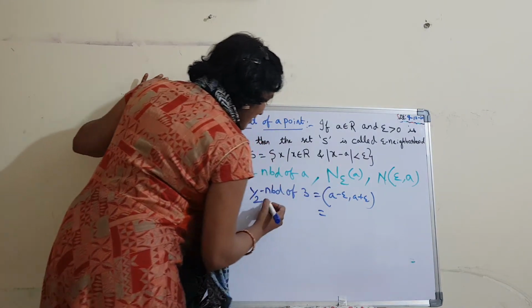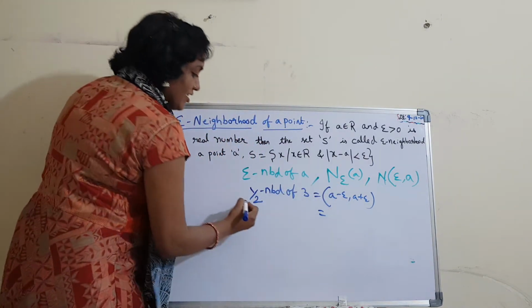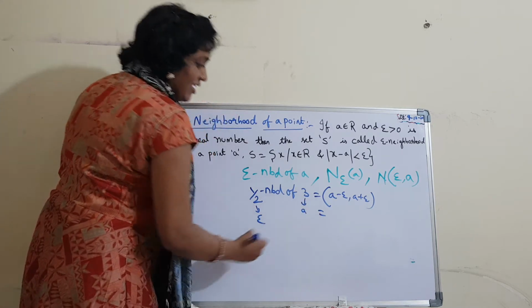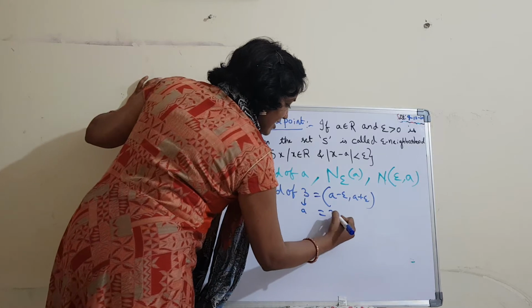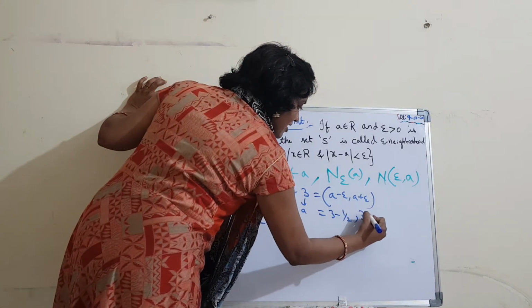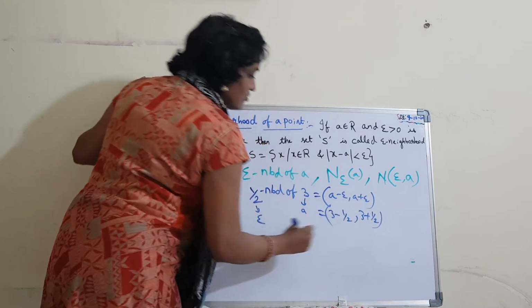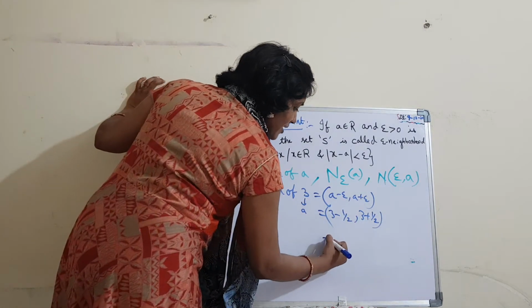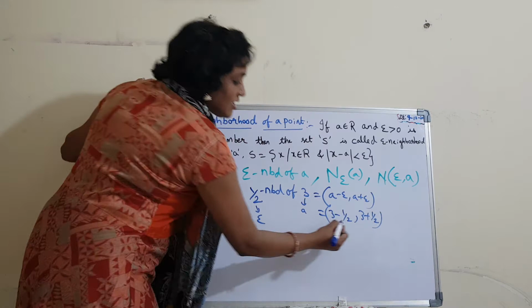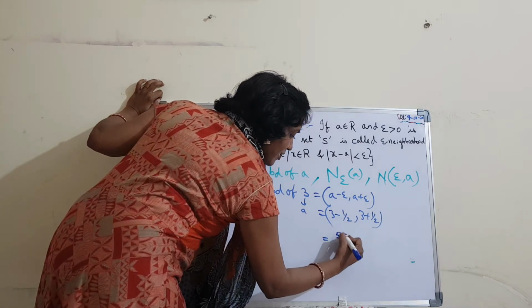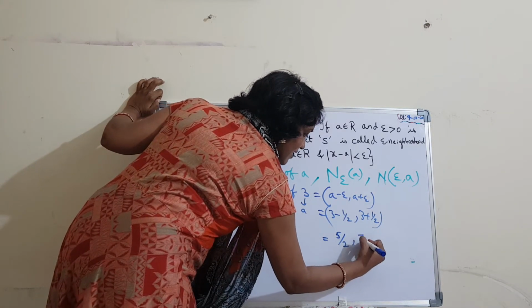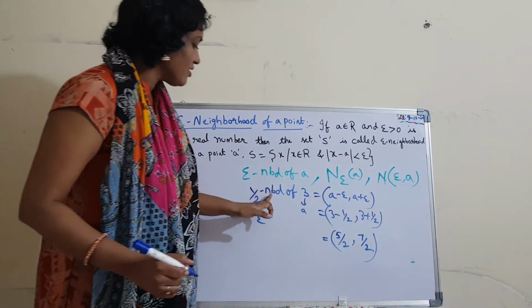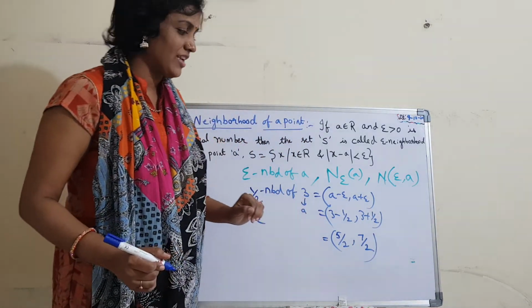Here this is epsilon and this is A. So we get 3 minus 1 by 2 comma 3 plus 1 by 2. 3 minus 1 by 2 means 6 minus 1, so 5 by 2 comma 7 by 2. This is the half neighborhood of 3.